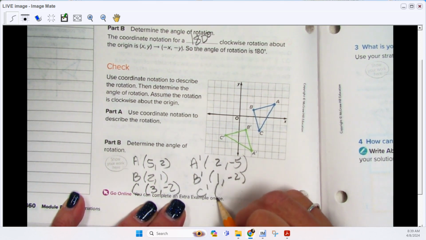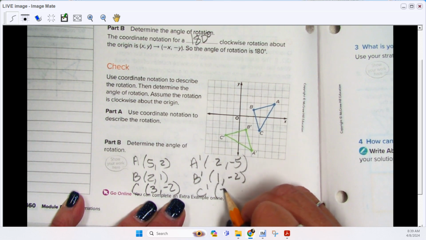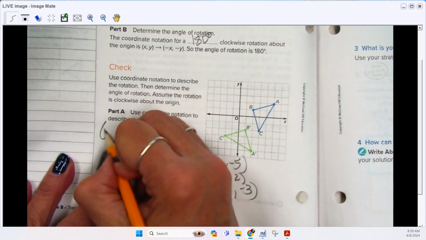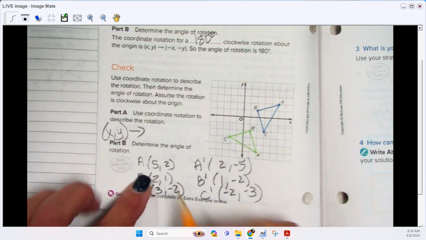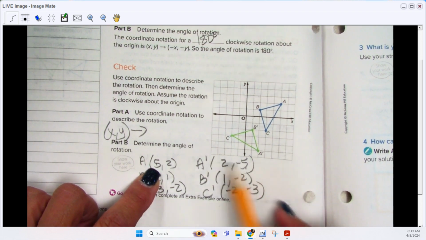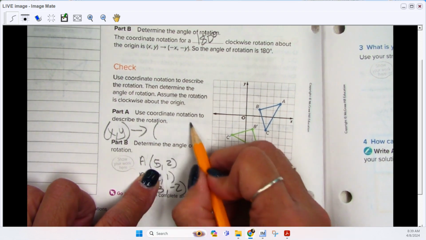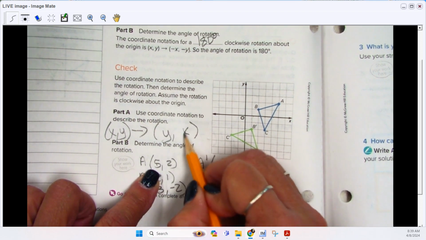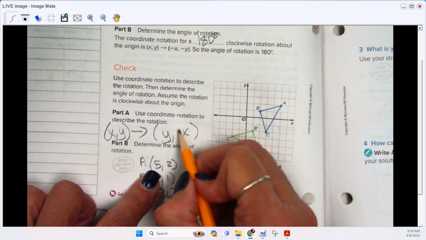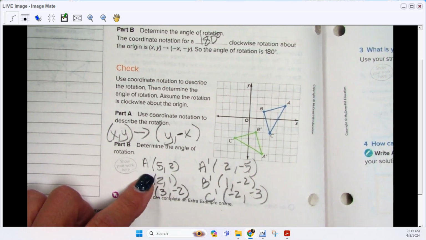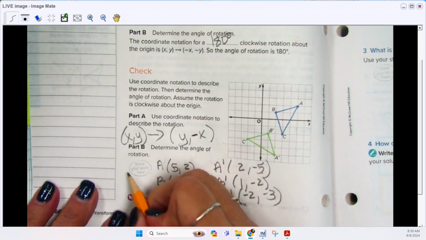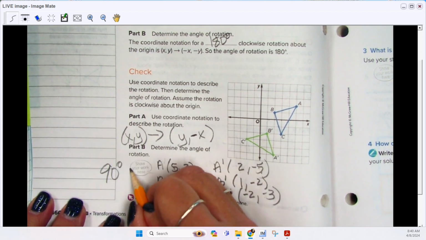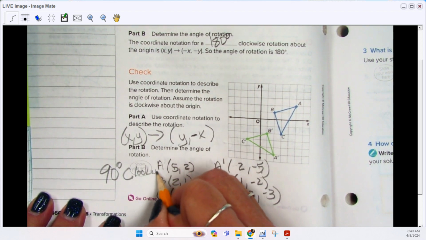C prime is at negative 2, negative 3. So we start with x, y, and what happened? The 5 is now over here, the 2 is here. So they switched, but which one took on the opposite? The new y value took on its opposite. So that means that it went from here to here. That is going to be a 90 degree clockwise rotation.